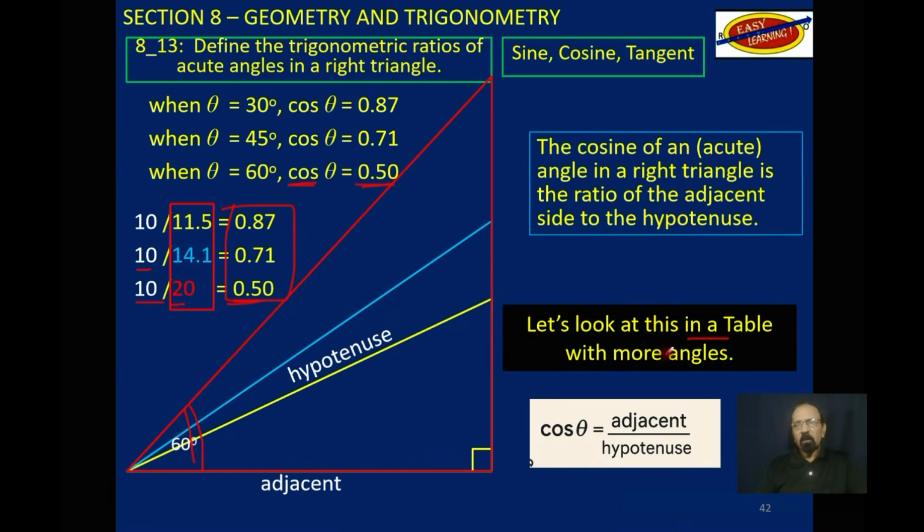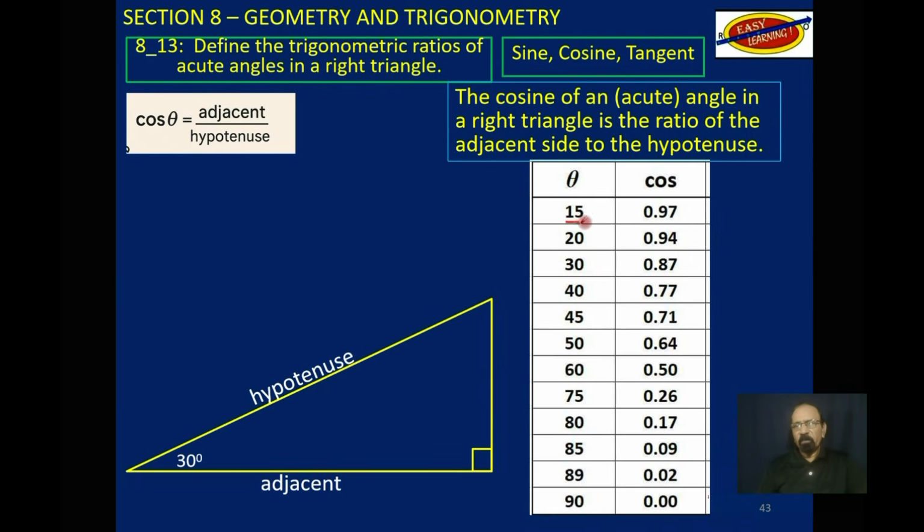Let's take a look at this in a table with more angles. So at 15 degrees, the adjacent is 0.97 of whatever the hypotenuse is. It's almost as long as the hypotenuse at 15 degrees. At 20 degrees, the adjacent is 0.94.